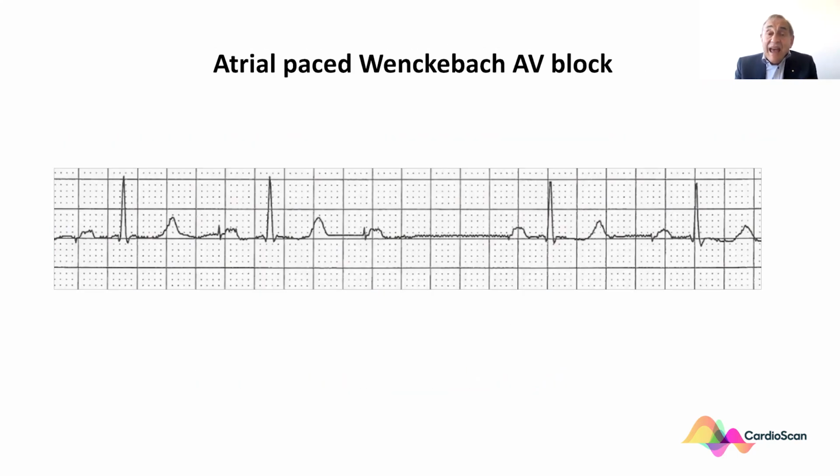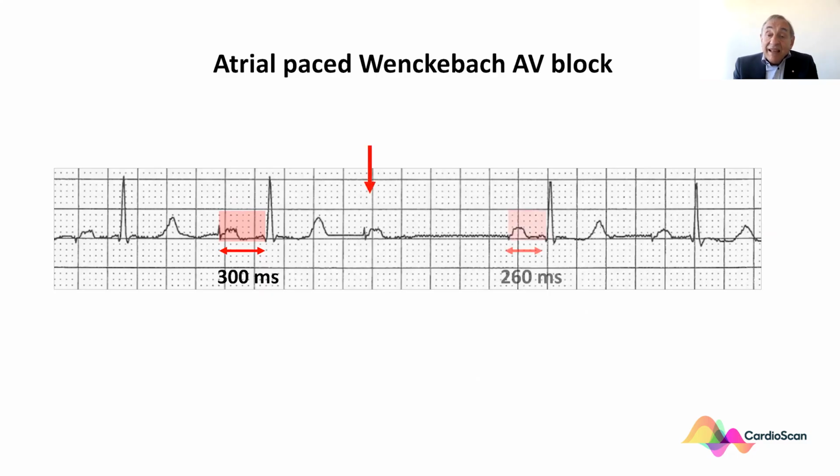And finally, we have atrial paced Wenckebach AV block. Wenckebach AV block, particularly in the young, is a very common finding, particularly at nighttime, and therefore we have this block which is vagal. And you can see here that there is a long PR interval of 300 milliseconds.